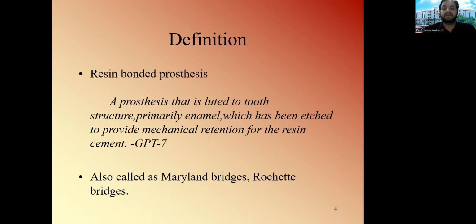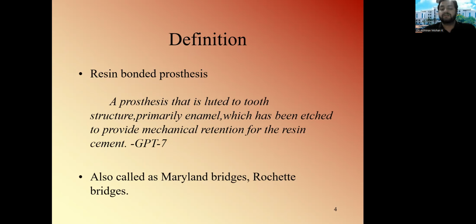That is what is actually done when you fabricate and deliver a resin bonded prosthesis. The resin cement is responsible for bonding the prosthesis onto the abutment, and the bonding happens at the enamel interface of the abutment.